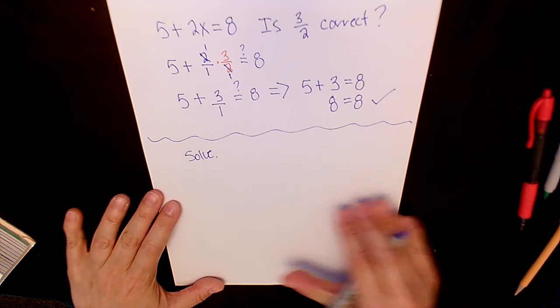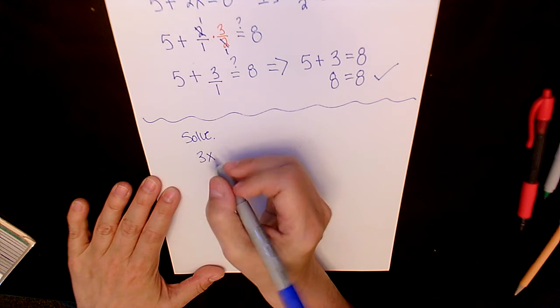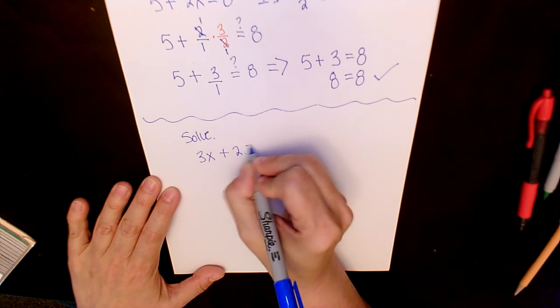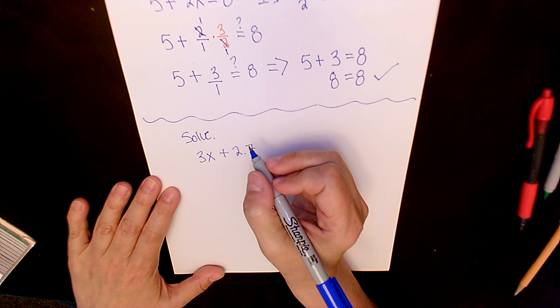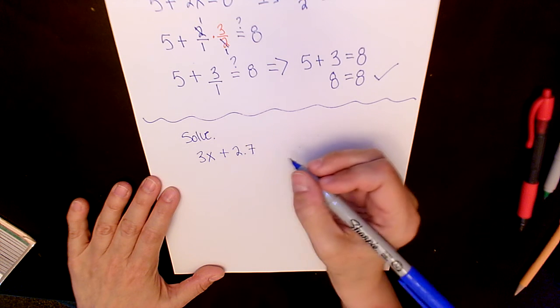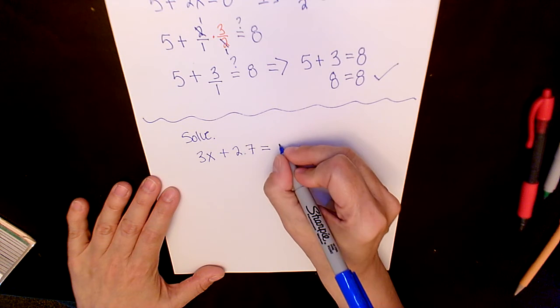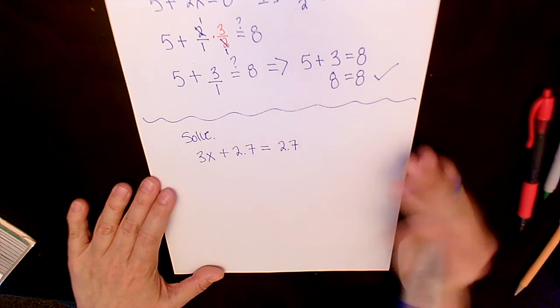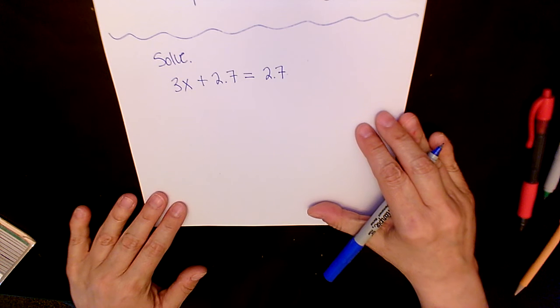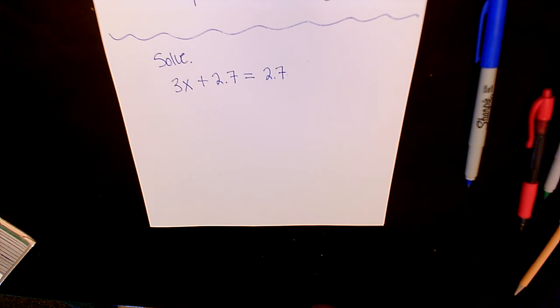Let's try a decimal, because I did see some decimal problems on Hawks. So I'm solving for x again. 3x plus 2.7 equals 2.7. No like terms.